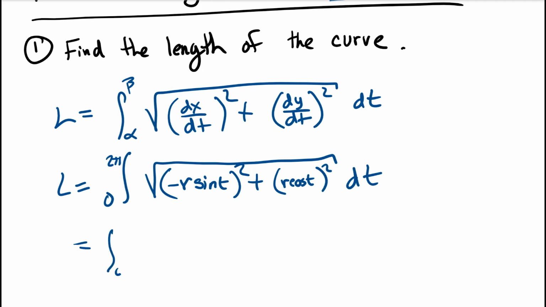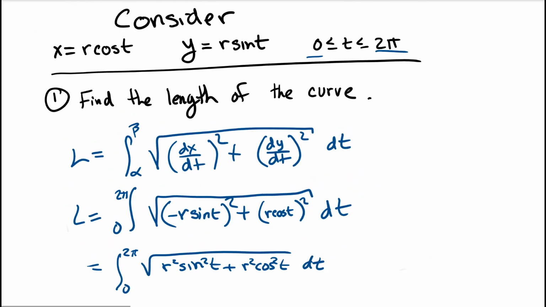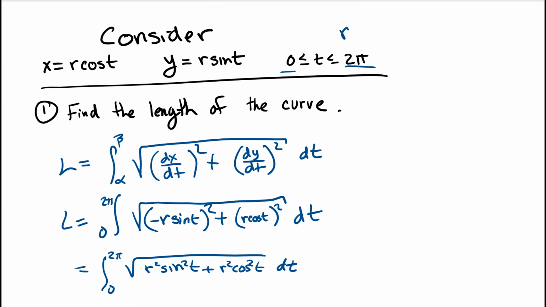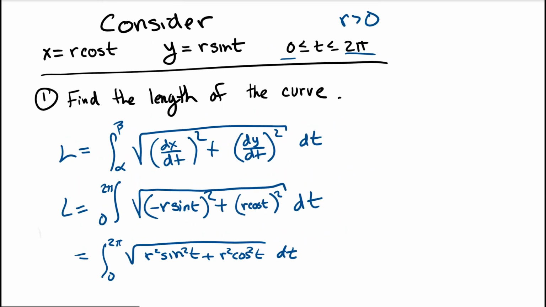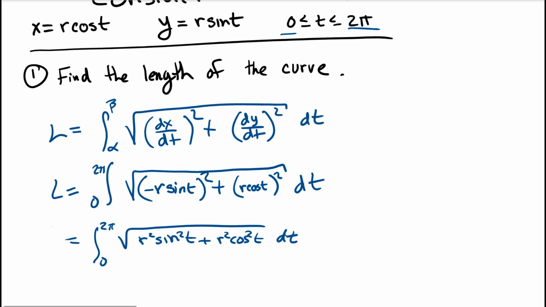Now we go through the integral from 0 up to 2 pi, the square root of r squared sine squared plus r squared cosine squared of t dt. And we're going to assume, I didn't state it up above, that r is greater than 0, or we don't have a very cool little circle here. So we'll assume that r is actually a little radius.